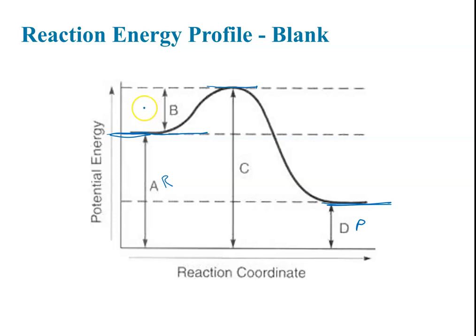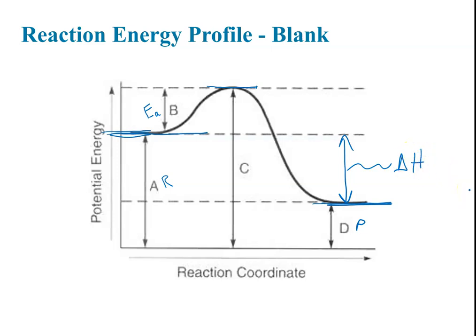So B represents the activation energy. Okay? Again, this would be an exothermic reaction because the energy level of the reactants is greater than the energy level of the products, and this difference between these two levels right here, actually, it's not marked on this graph, this difference right here, this would be your delta H.